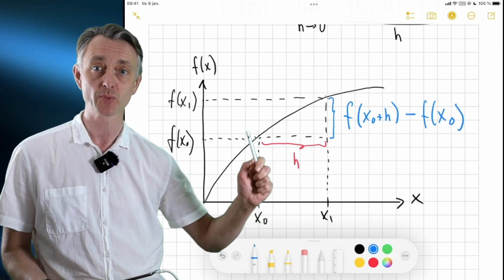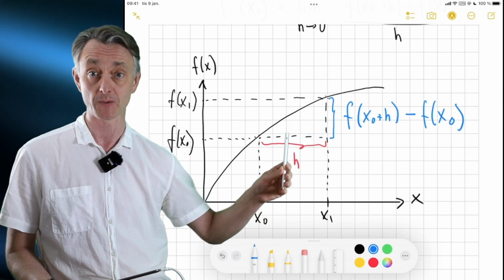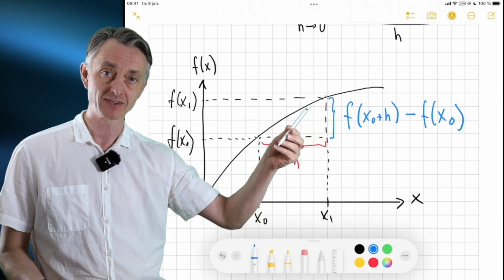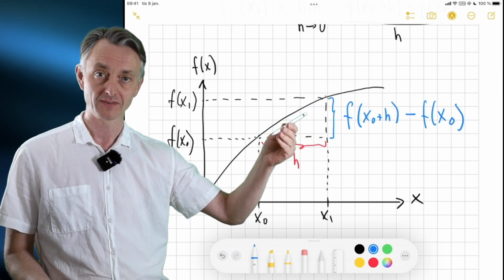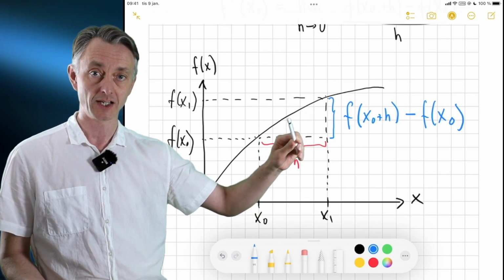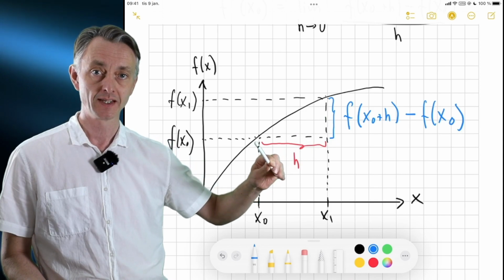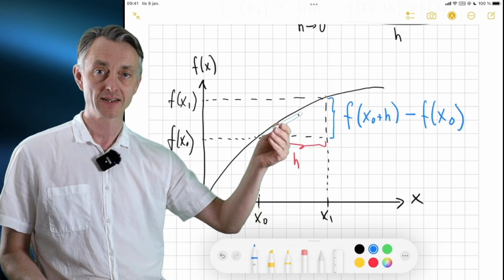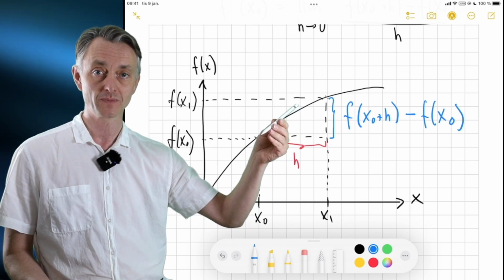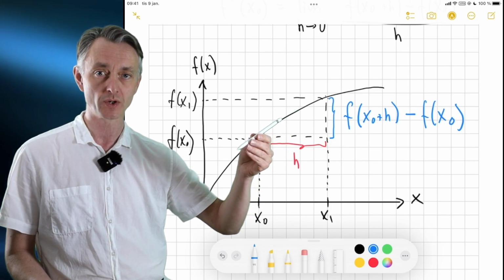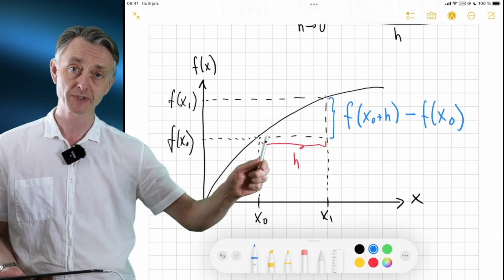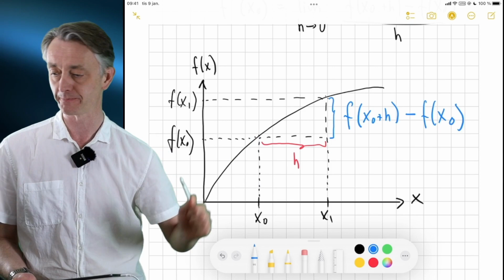Because if we evaluate the slope of a line that goes between this point and that point, that would not be so steep. And the smaller we make h, the more the line approaches the tangent, and we approach the slope at this point.